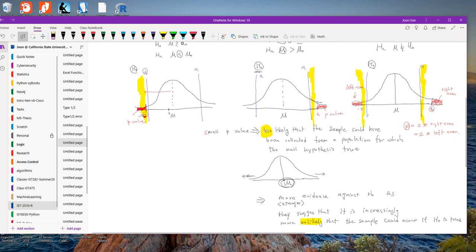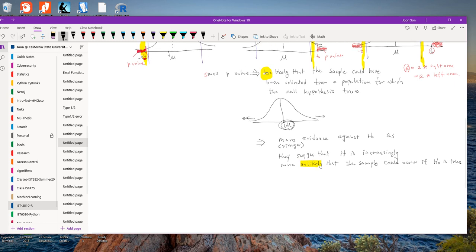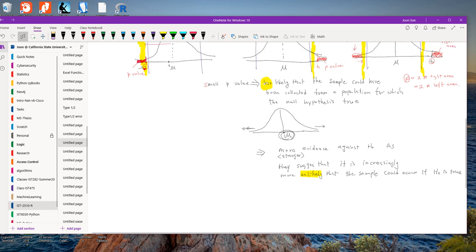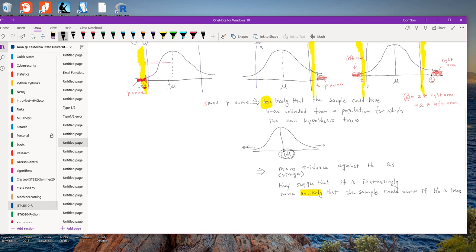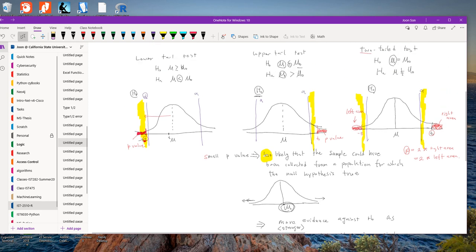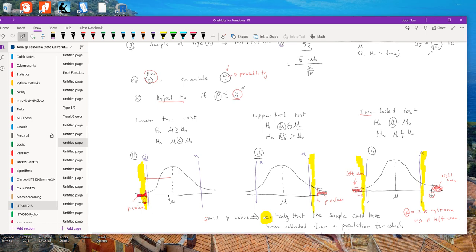That suggests it is increasingly more unlikely that the sample could occur. That's what a small p-value really means, and that's why when you have a small p-value less than alpha, you reject the null hypothesis. So that's the basic idea.